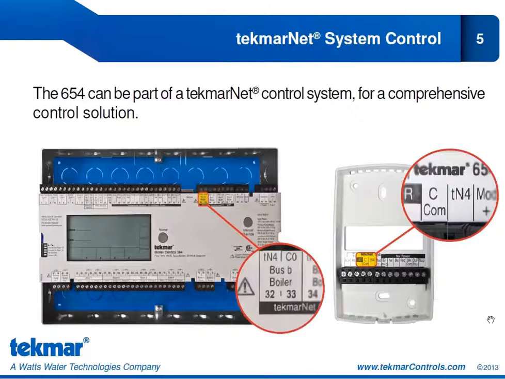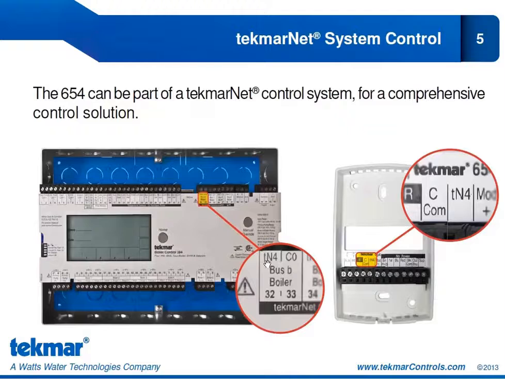Let's look at connecting to a system control. Now this will give us a comprehensive control solution. So we can have all of our controls communicating with each other through tekmarNet, and all of that communication can be coordinated. So here we have shown the boiler control 284.